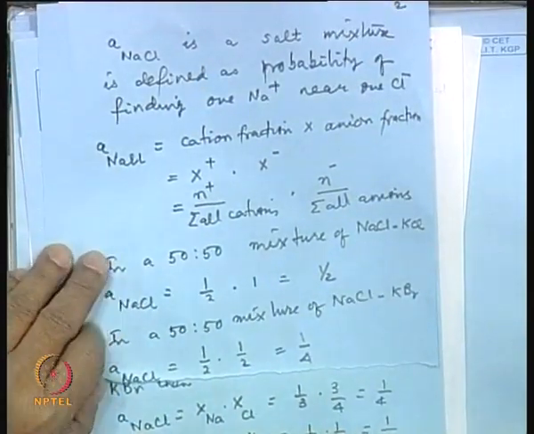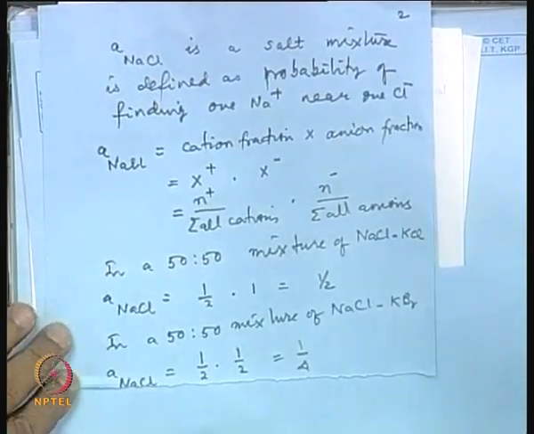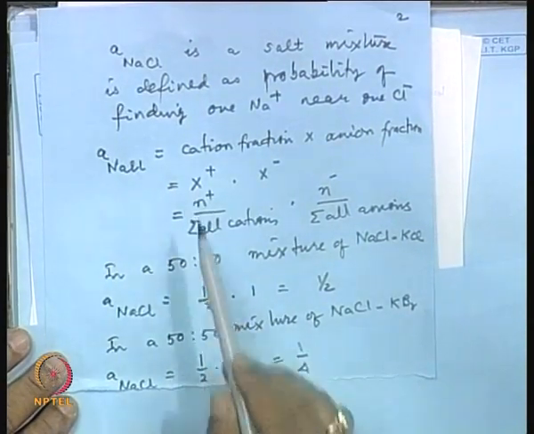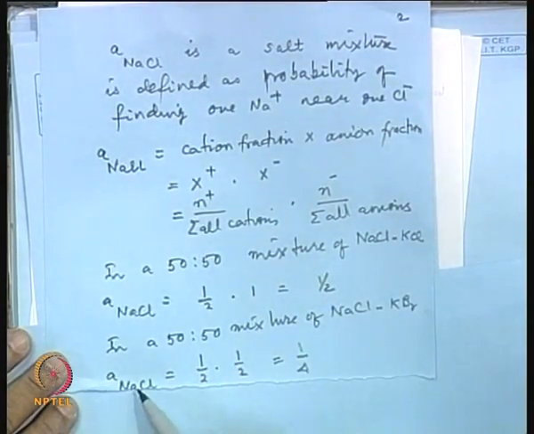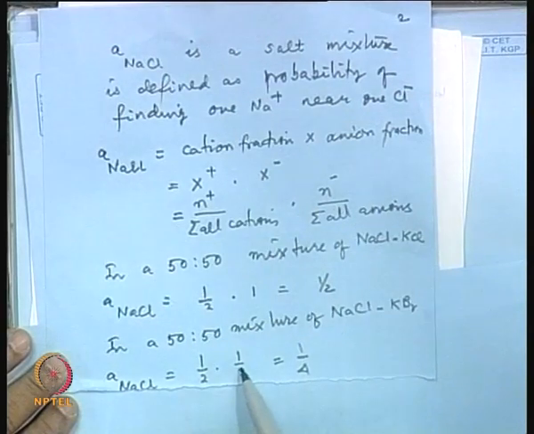but the situation changes if we have a 50-50 mixture of sodium chloride and potassium bromide, because in this case the cation fraction, that is sodium ion fraction, is half, because half the positions are occupied by sodium, but the anion fraction, the chlorine, is also half, because the other positions are occupied by bromine ions.